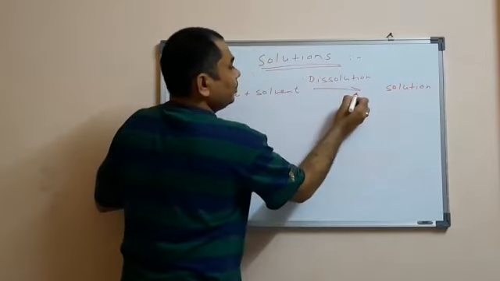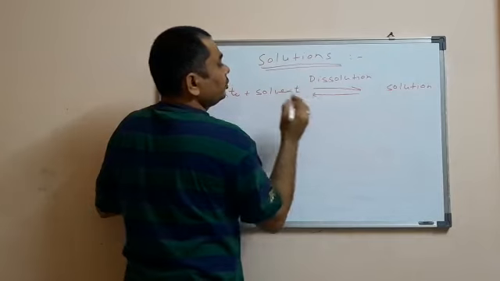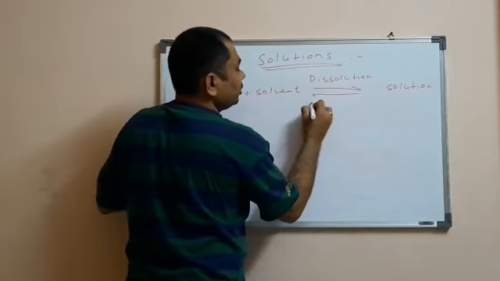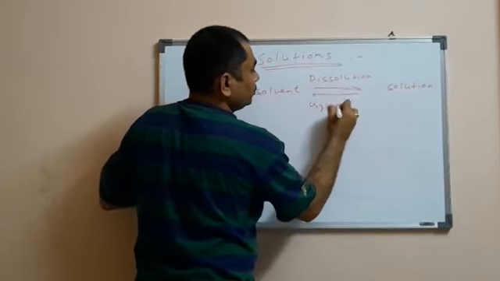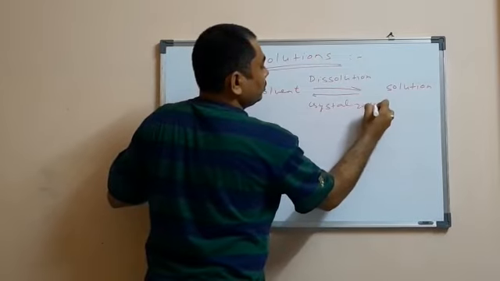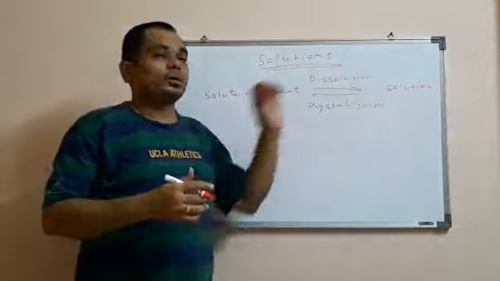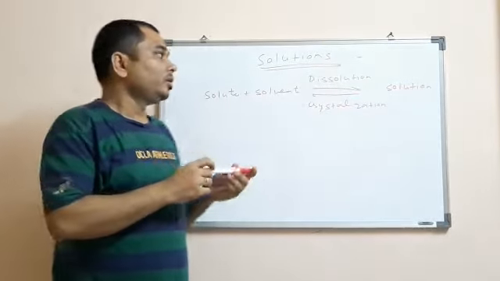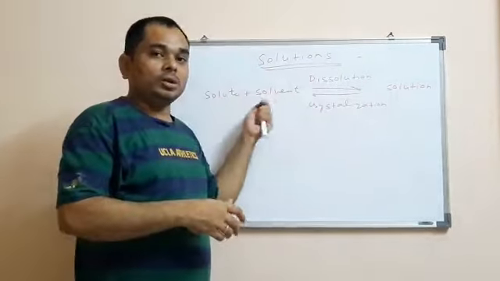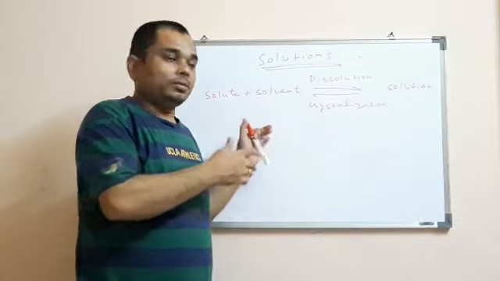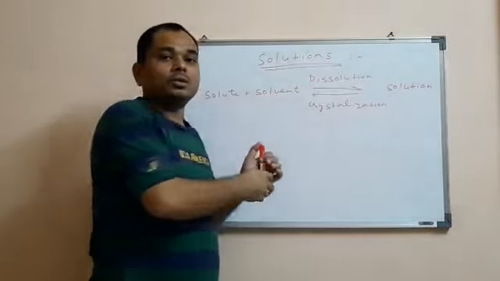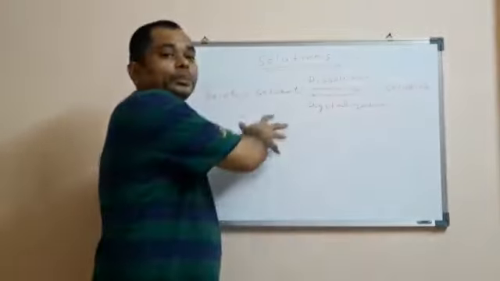At the same time, there is a reverse process, which is called crystallization. And this is the dynamic equilibrium which is established between these two processes. So this is all about the saturated solution, supersaturated solution and solubility.